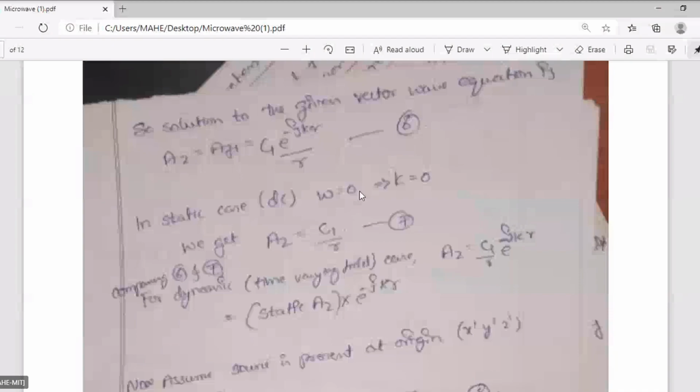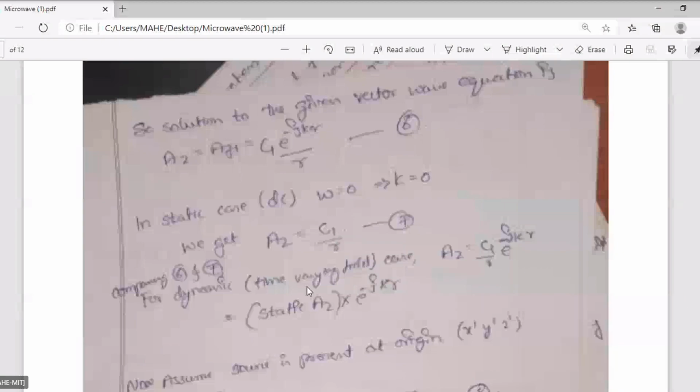If you substitute k equal to 0, the frequency is 0 and the wave is not propagating. Only when the fields vary with time do you get a magnetic field from an electric field and vice versa. So the wave propagates only if k is not 0. This is the static case, DC. If you substitute k equal to 0 here, you get Az as C1 by r.